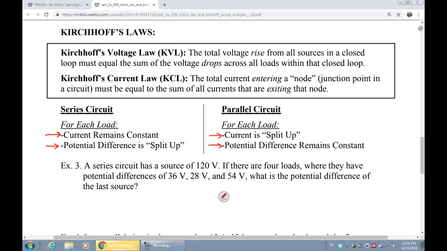If all the loads are on completely parallel paths to one another, then when we get a certain amount of voltage supplied from the source, if it only travels through one of those loads in its path, it will use up all of that voltage as it goes through that path. And the same will be true for all loads that are connected in parallel. Again, I'll demonstrate this in more detail in class.